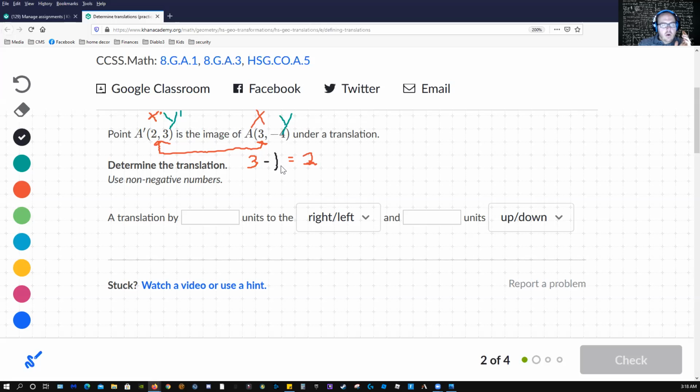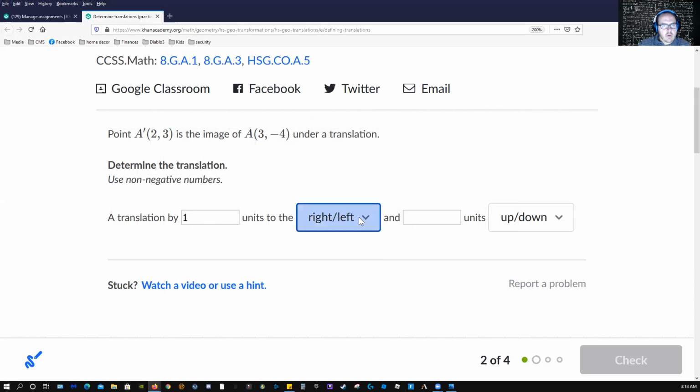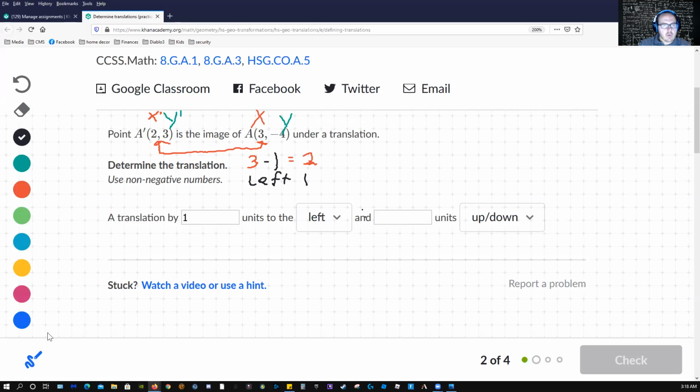And subtracting 1 from an x value means we went left by 1 unit. Left.